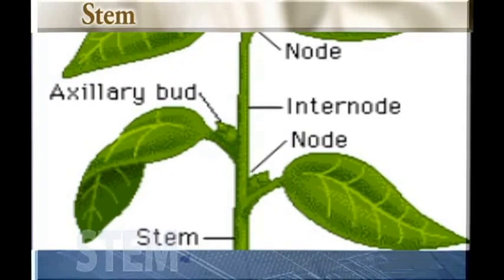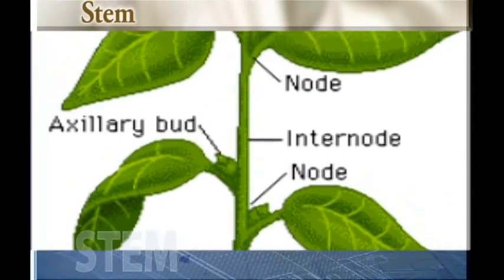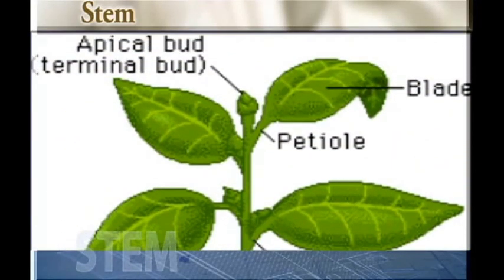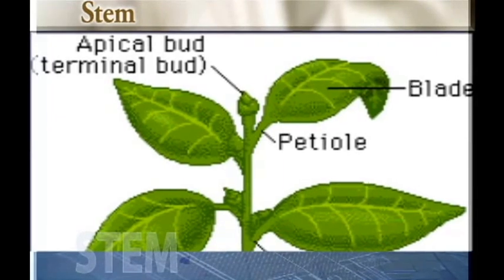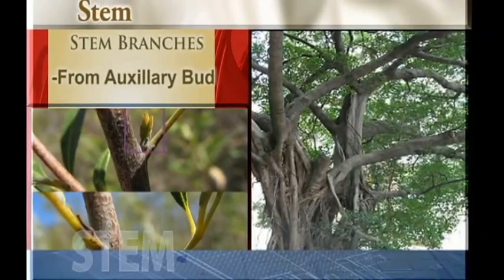So the major stem will grow mainly from the tip, the terminal bud, but the branch stems develop from axillary buds.